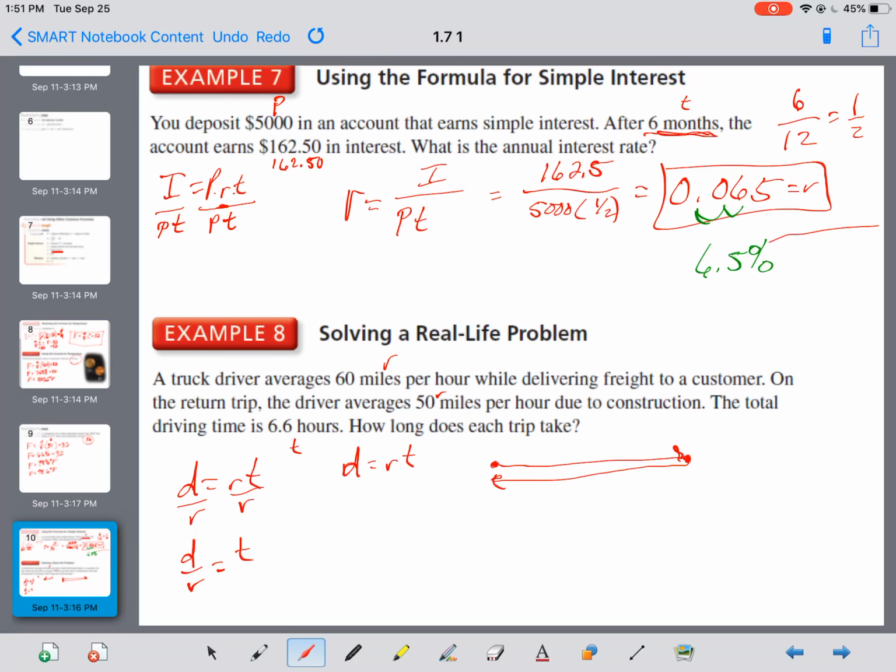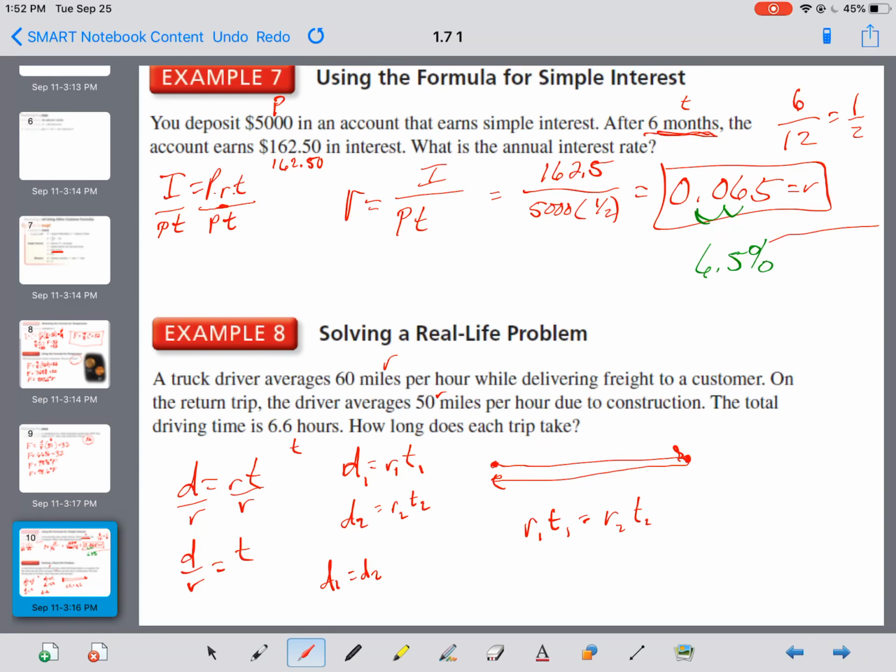He's just doing it at a different rate for different amounts of time. So distance of trip 1, where he's on his way, and distance of trip 2, where he's on his way, those are the same distance. D1 equals D2. So we can set R1 times T1 equal to R2 times T2.